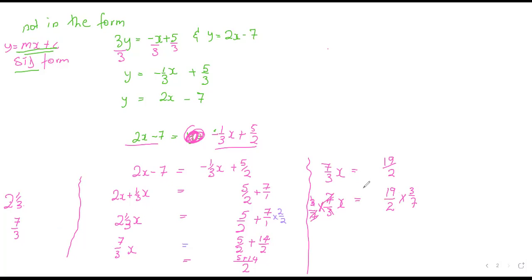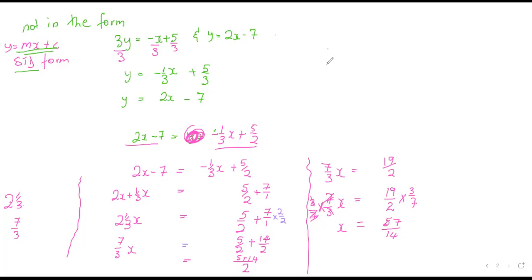We shall remain with x is equal to, the bottom one will be 14. And 19 times 3, 9 times 3 is 27, carry 2. 2 plus 3 is 5.